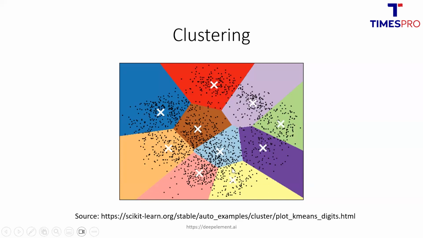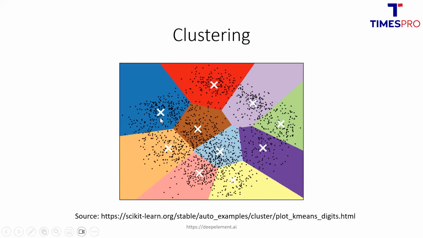In this plot, you can see the color-coded regions, right? Each of them constitutes one cluster. All the points in the blue region correspond to one cluster, all the points in the red region correspond to one cluster, like that. So there are 10 different color-coded regions, so there are 10 different clusters.